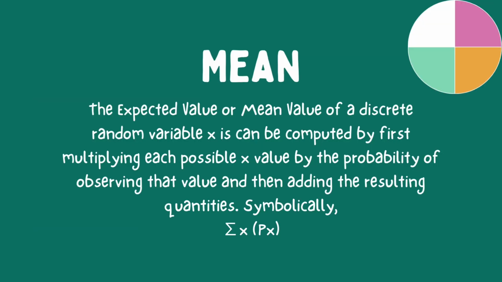Now, the mean, or the expected value, for a discrete random variable x can be computed by first multiplying each possible x value by the probability of observing that value and then adding the resulting quantities, symbolically the summation of x times P(x), or the probability of x.